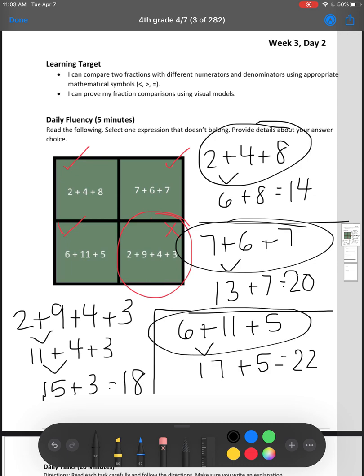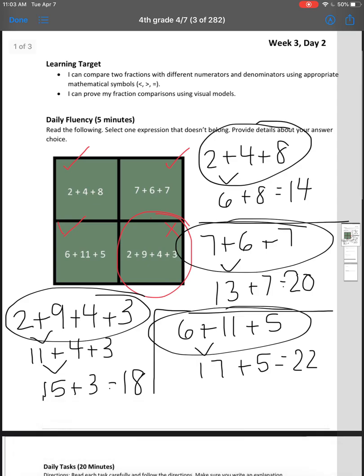In this expression, only one of the digits is even. And in this expression, 2 of the digits are even. So there's a couple different ways you could have gone about this. I'll leave it open to interpretation. Get creative. Maybe you and your siblings or your parents or whoever you're staying with thought of other reasons. If you thought of another reason why the expression doesn't belong, go ahead and let me know.